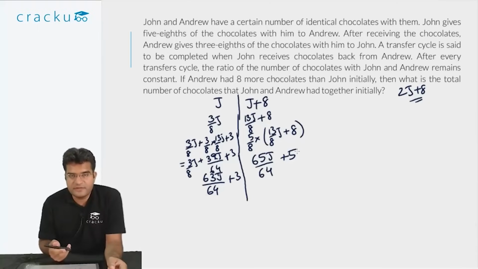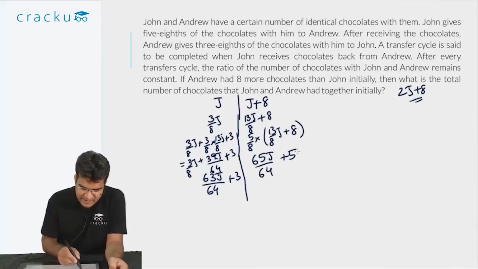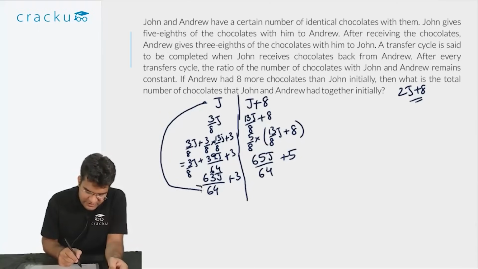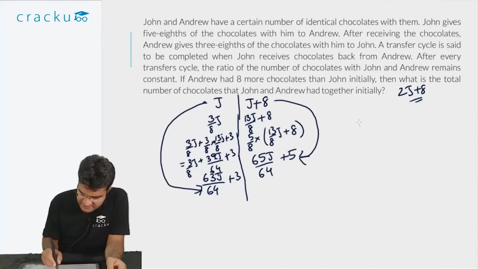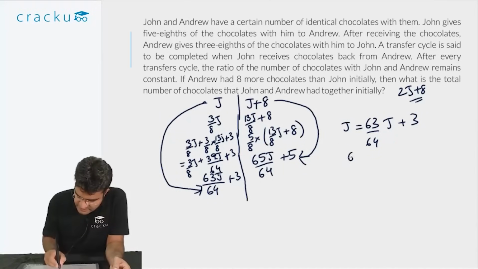Now as the number of chocolates remains constant after this cycle, these two numbers should be the same, and if they are the same, then even these two will be the same. So you can equate any one of the two to find the value of j. If we equate the first one, j is equal to 63 by 64 j plus 3, or j by 64 is equal to 3, or j is equal to 192.